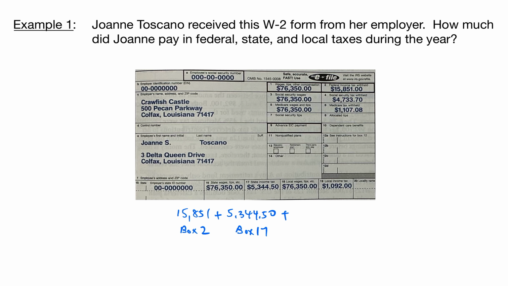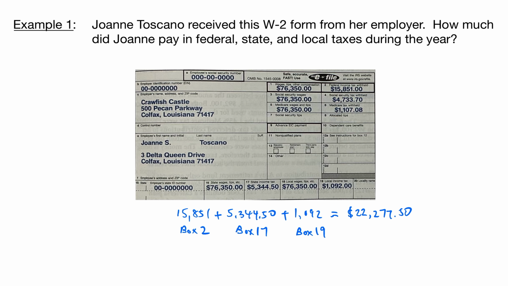And then the last item is box 19. She also paid a certain amount for her local income tax in the amount of $1,092. Okay, so we'll call this box 19. So when you add all of these numbers up, we will see that she paid a total of $22,277.50.